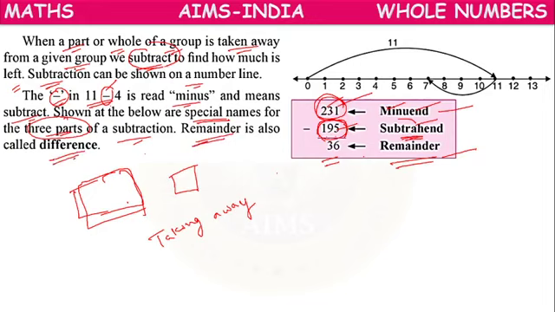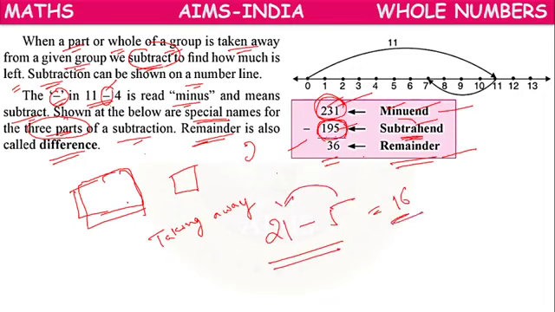Suppose we have 21 minus 5. Here we are subtracting 5 from 21, and the result is 16. But this can also be called the difference of 21 and 5.